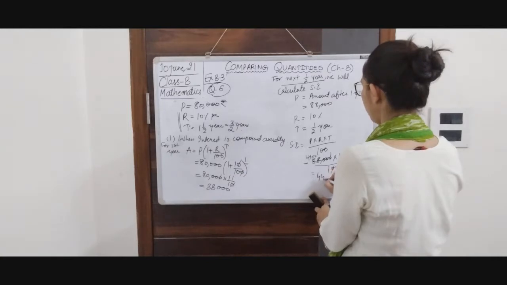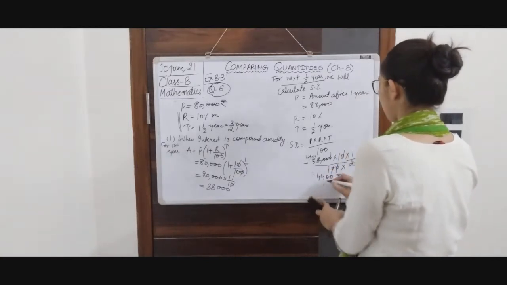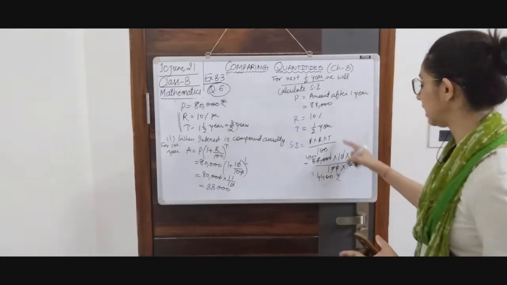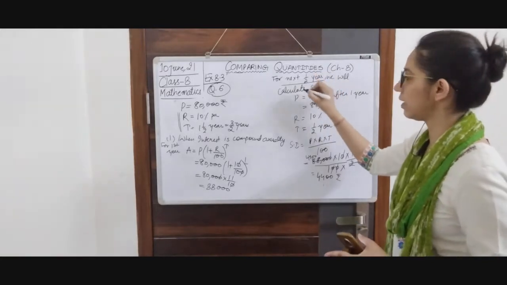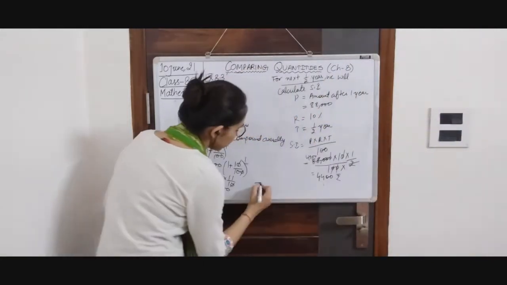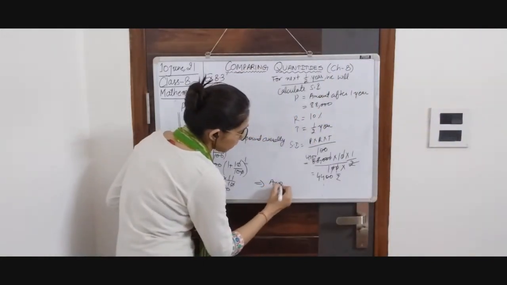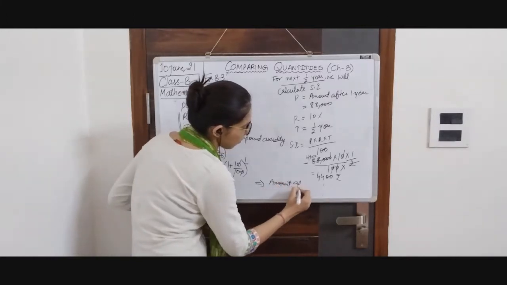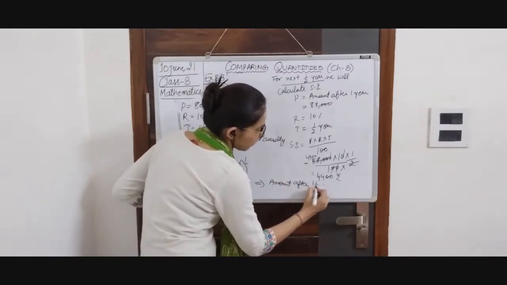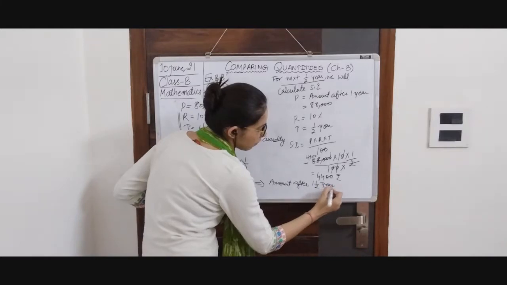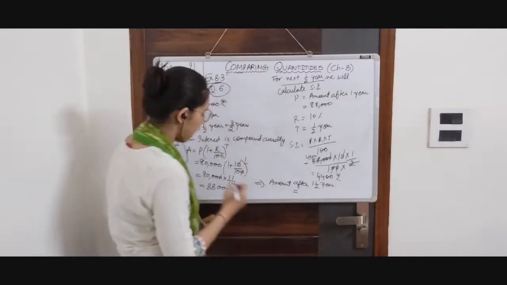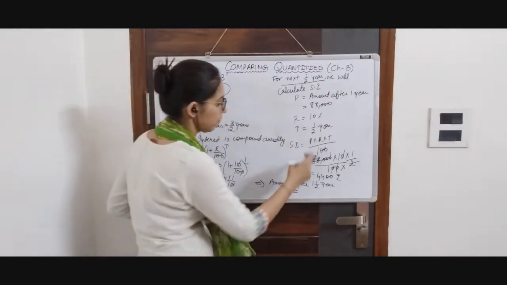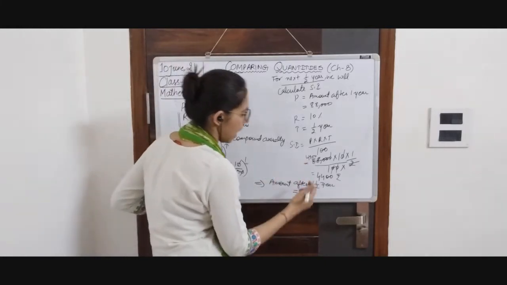So you got 4400 simple interest for this time period. It means the amount after 1.5 years will be equal to the amount after 1 year plus simple interest for half year.